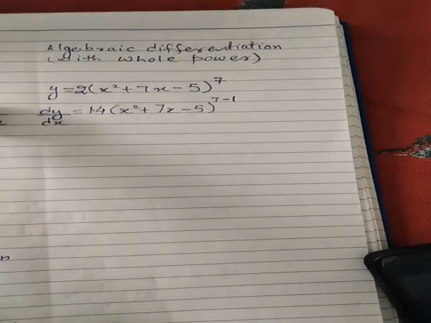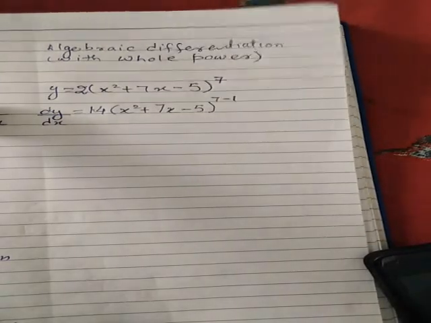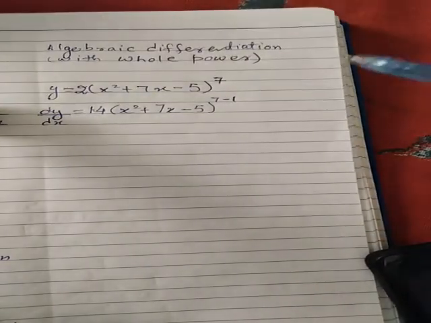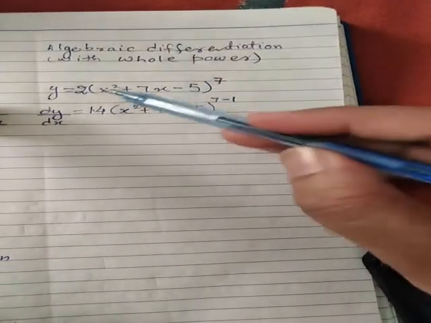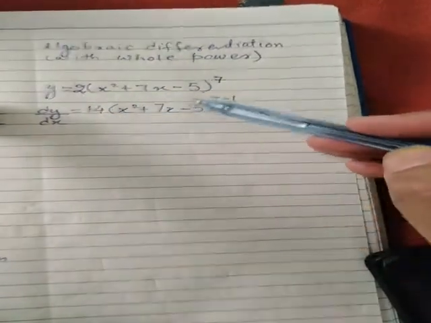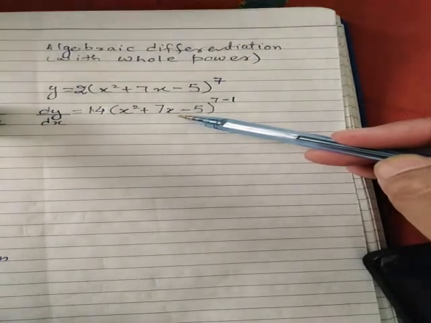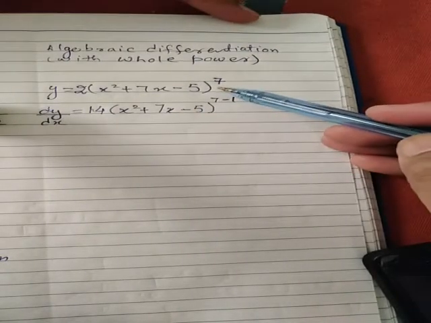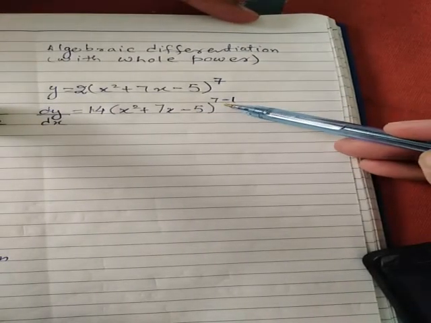I've differentiated my whole power by multiplying the power with the coefficient. Whatever was written inside is written as it is, and the whole power is reduced by 1.